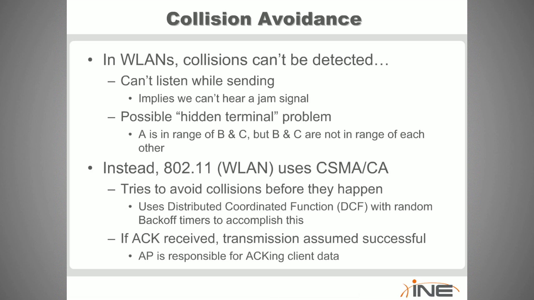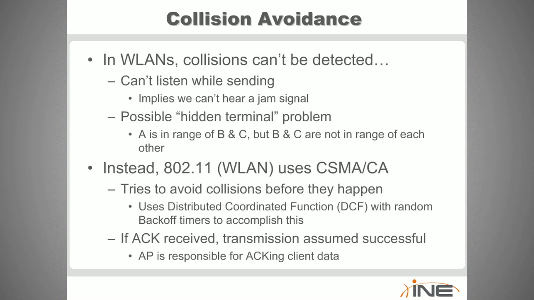So anybody in range of your wireless signal is technically within your collision domain. Whether they're actually running Wi-Fi or it's some source of interference, like a cordless phone, a microwave, or a baby monitor, basically anything in the 2.4 gigahertz or 5 gigahertz range could technically be within your collision domain.